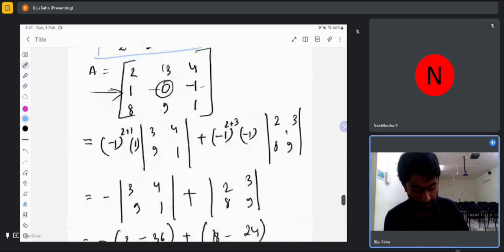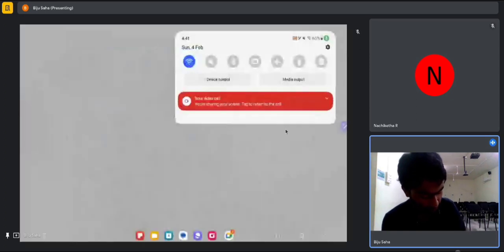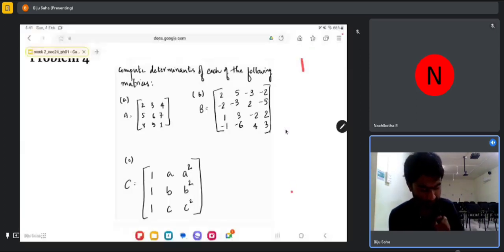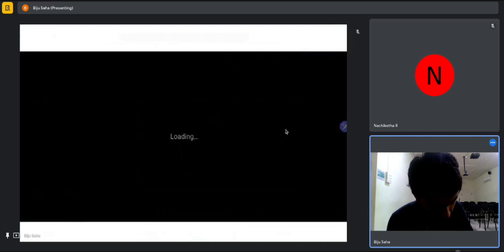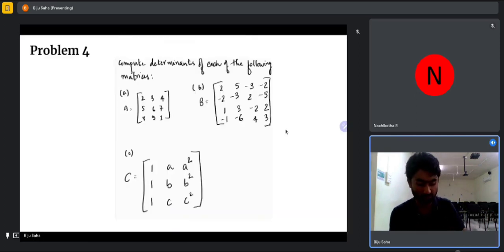Now let us go to the second matrix, which was given by this. This is a 4 cross 4 matrix. Right now you will get to know the power of the elementary row operation.